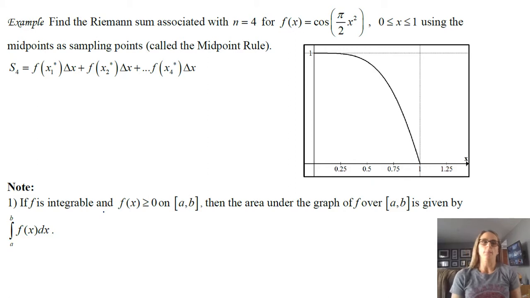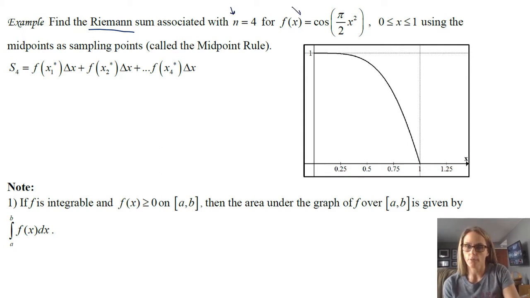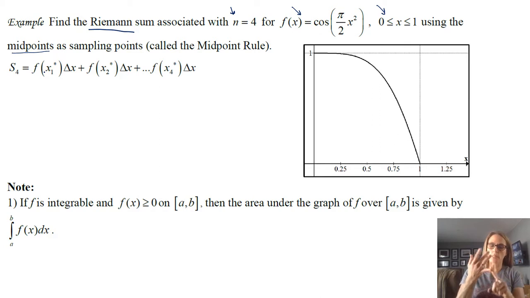So let's look at an example of the main idea of this again, which is the idea of the Riemann sum. We're going to do it with n equals 4 for this function on this interval, and we're going to do something using the midpoints. So in section 4.1 we looked at the left-hand side and the right-hand side.